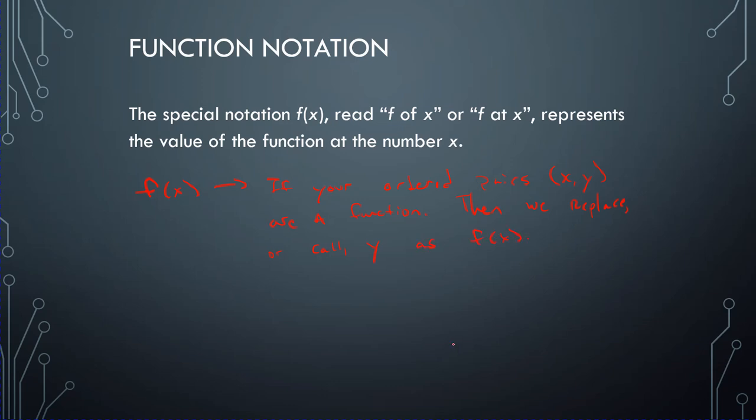So as long as it's a function, f of x here is just another way of saying y. That's it. Literally, that's it. Just another name for it. Like, for example, my first name is Matthew, but some people call me Matt. It's just another way of saying y in this case here.